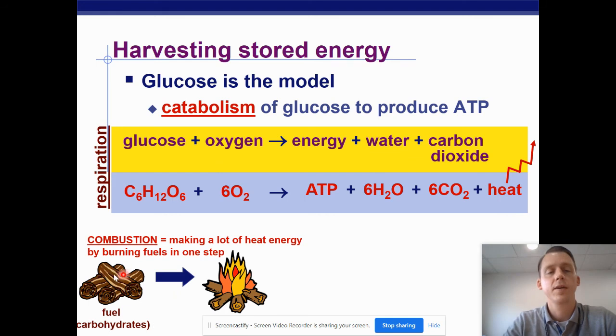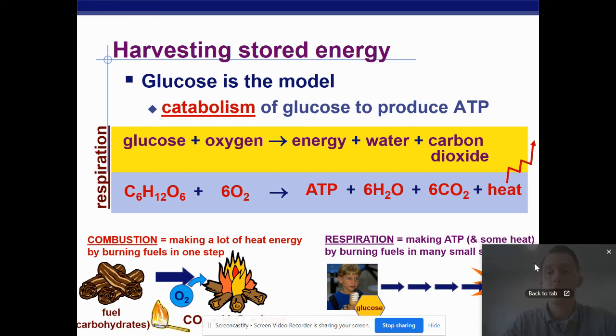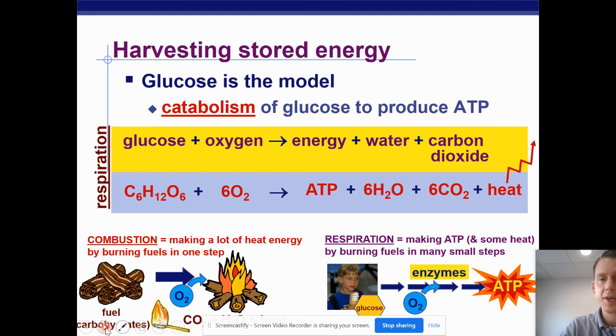Okay, so just like combustion is going to release a little bit of heat with the help of oxygen and some activation energy, respiration is going to be very similar. It's going to make energy. We're going to lose some energy as heat. We're going to need oxygen.